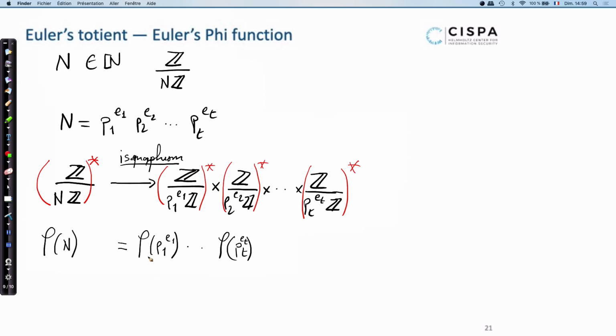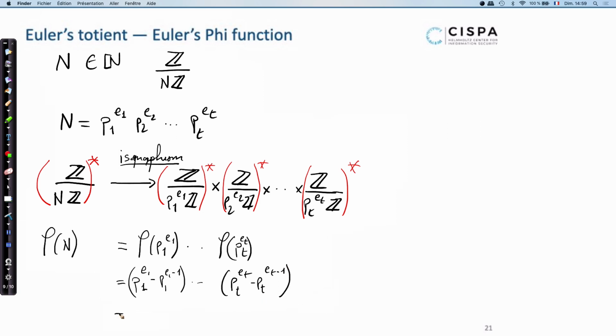So this means that the number of invertible elements is just p1 to the e1 minus p1 to the e1 minus 1, and so on, up to pt to the et minus pt to the et minus 1.